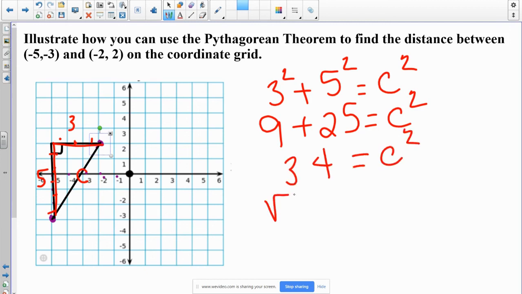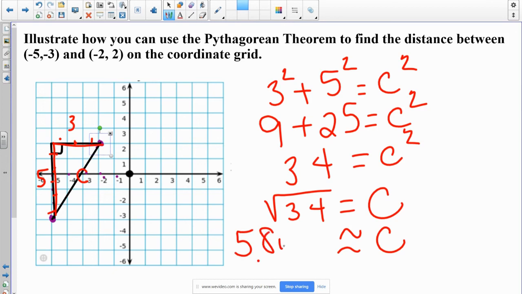And then we're going to take the square root of 34 equals c. And this one I know is not a perfect square, so it's going to come out as a decimal. So we're going to round to the nearest tenth, and it comes out to be 5.8 when I put it in my calculator.